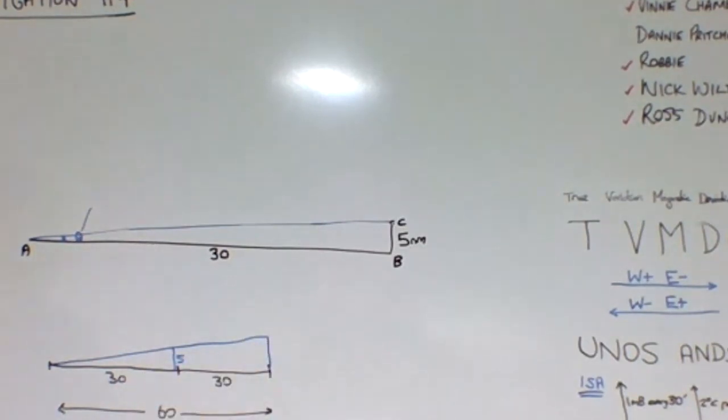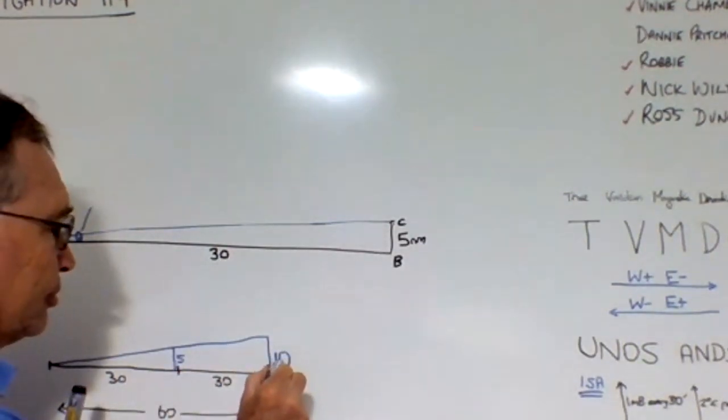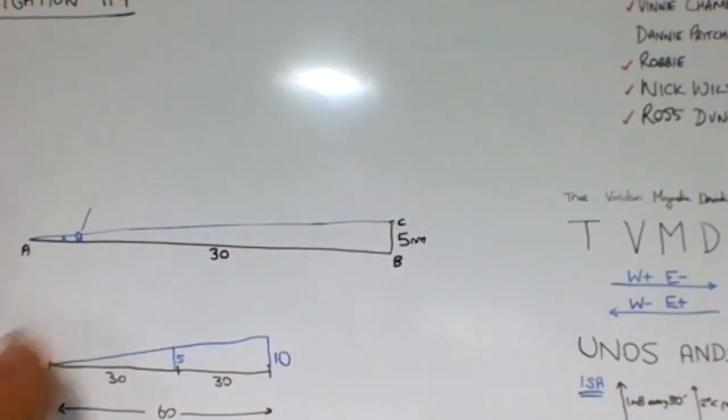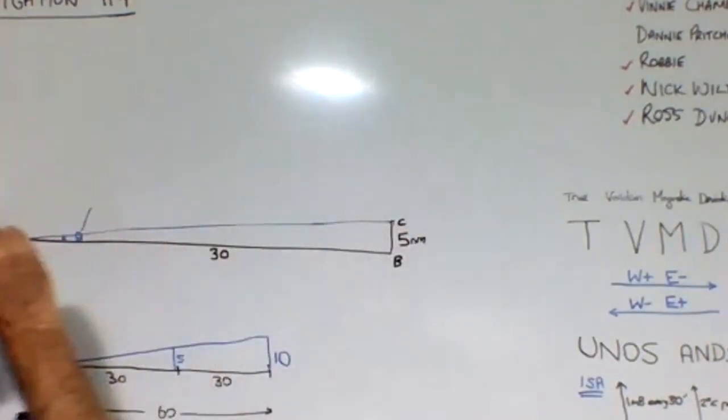So if that's 5 after 30, what's it going to be after 60, looking at this diagram? 10. Yeah. So in other words, if we shorten the distance, the error is going to be more, isn't it?